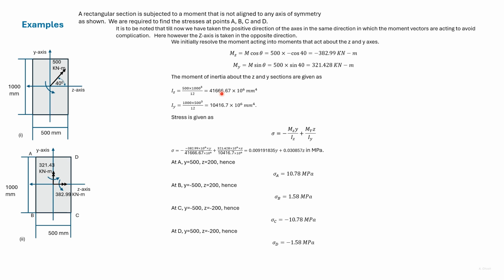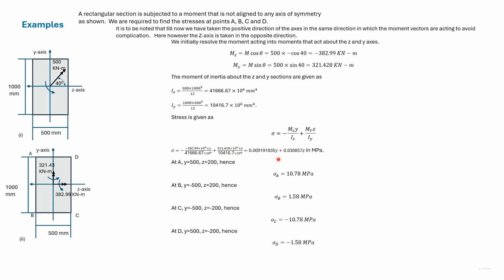We find out the moment of inertia Iz and Iy. To determine stress, we use the same algebraic formula that we used for this direction of axis earlier. Here, however, Mz is negative.